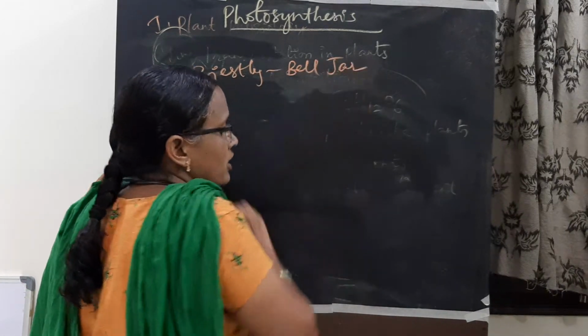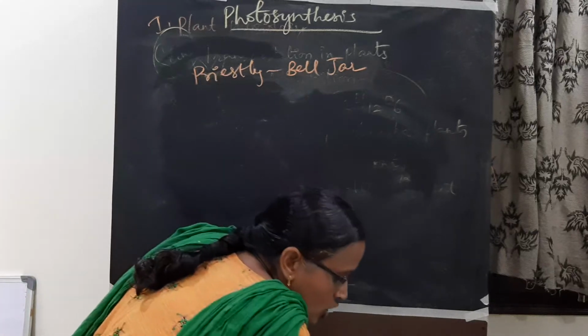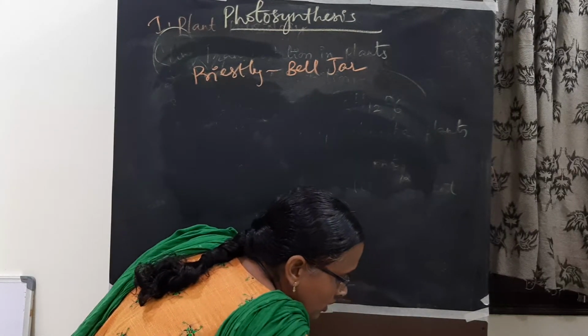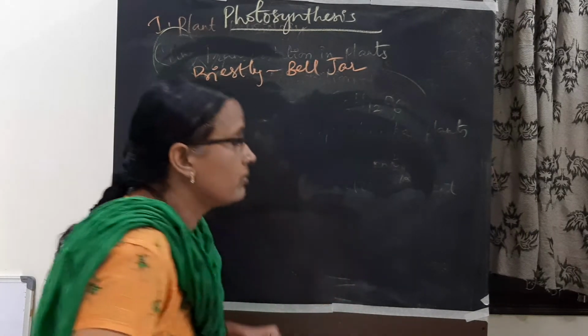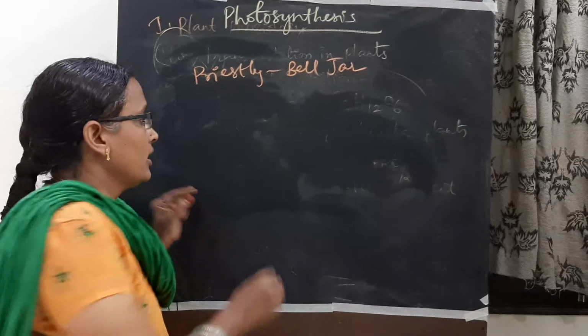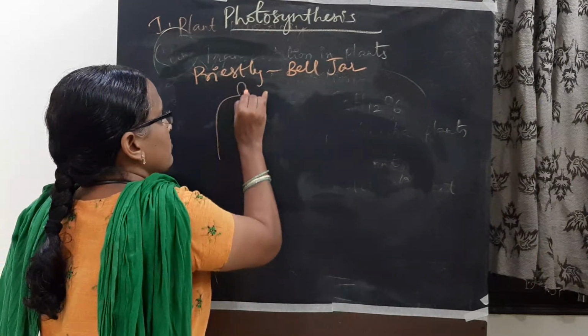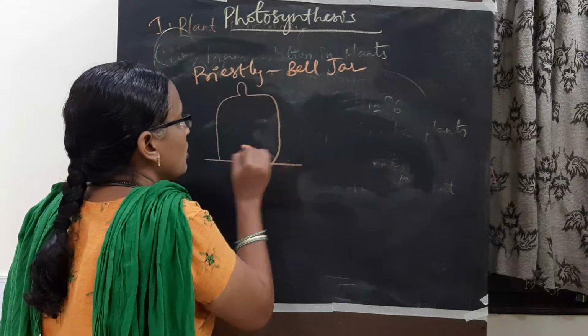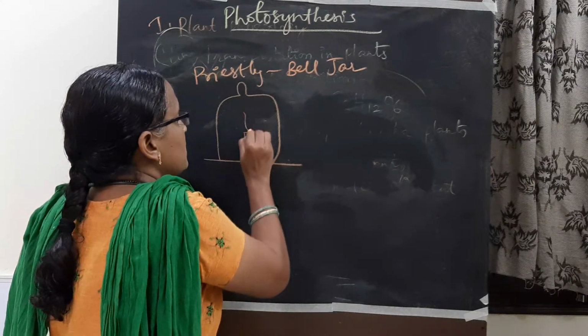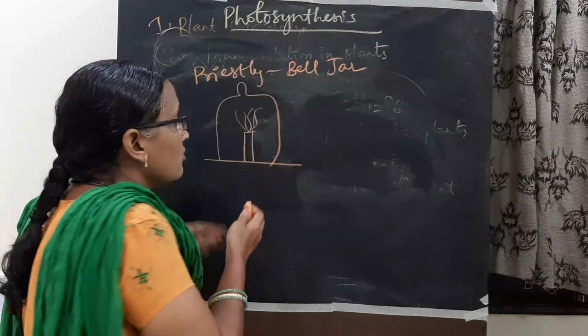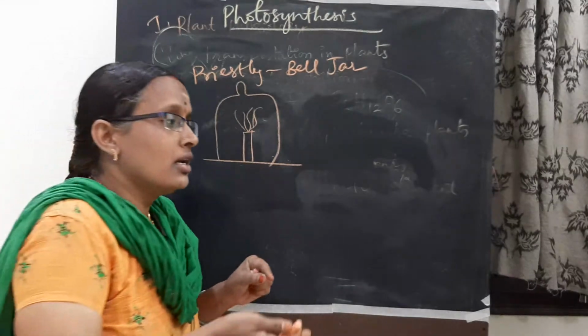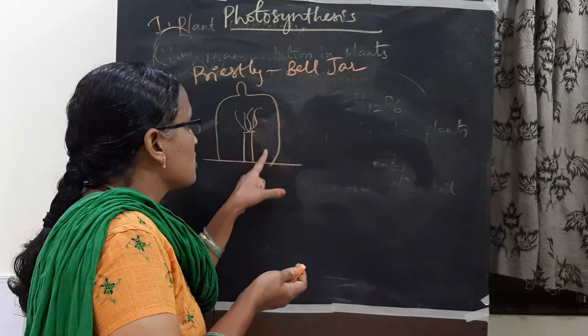In the Bell-Jar experiment, what he did was put in a glass bell-jar a candle, which is lighted due to the presence of oxygen.